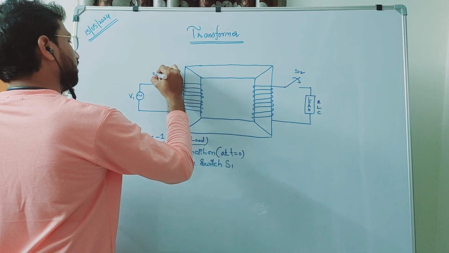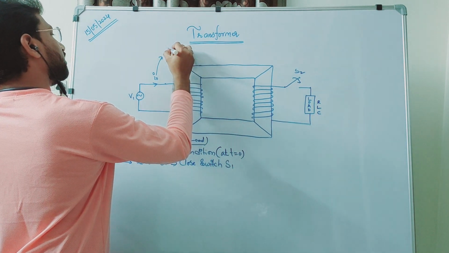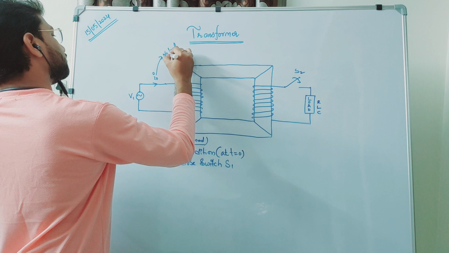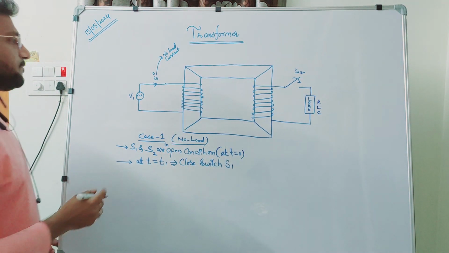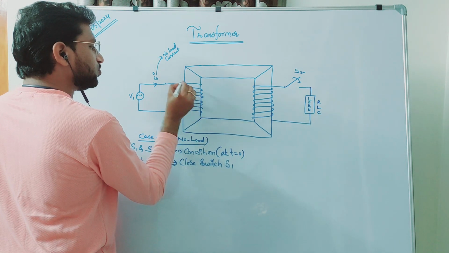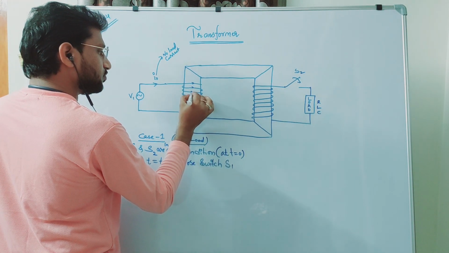This I0 is called the no load current. This I naught will flow through the primary winding.